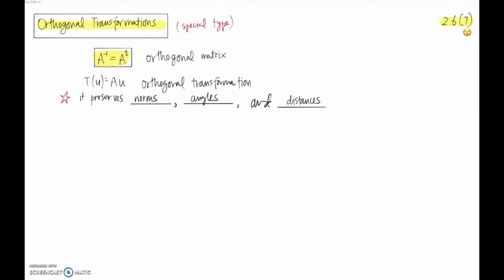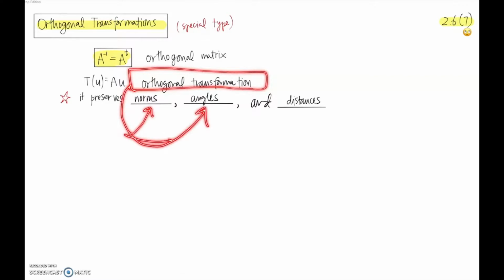So this geometry is preserved even through the transformation. That's not typical of your random transformation. These things don't always get preserved, but with orthogonal transformations, a vector goes through the transformation and it will still have the same length. It will still have the same angle with another vector, and distances between vectors will be preserved.